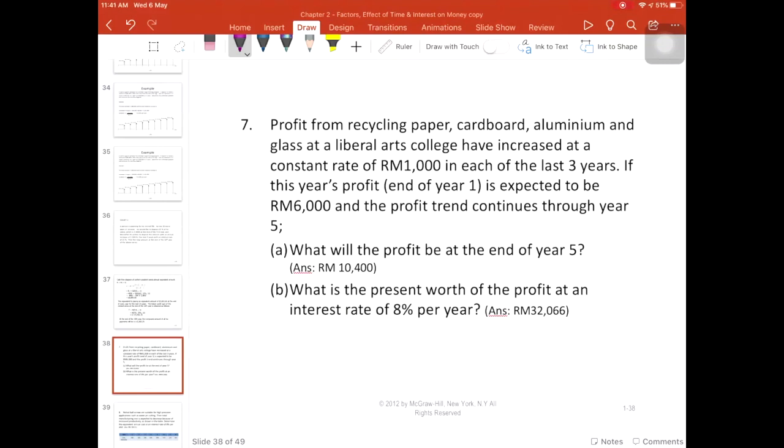Part A and B, part A. Dia senyap ya. Mana lain?